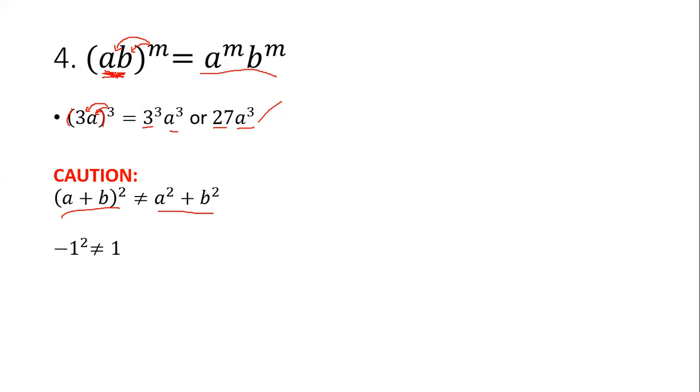So, nagmumultiply po tayo, hindi po tayo nag-a-add. Kaya, tatandaan po natin or pwede rin pong maging subtraction yan. Basta po, pag hindi po siya multiplication or division, we could not distribute our exponent.